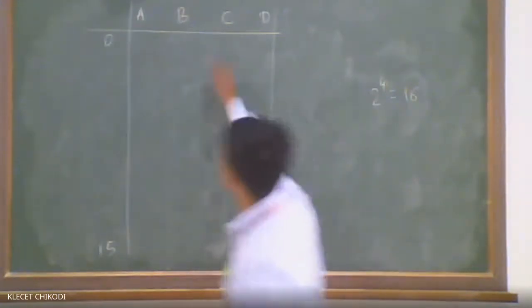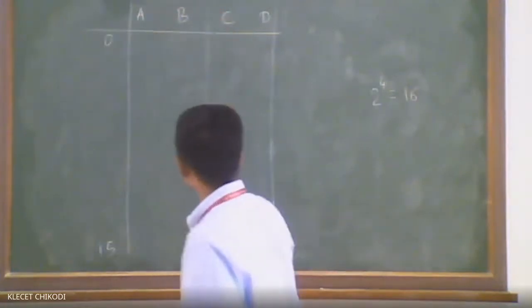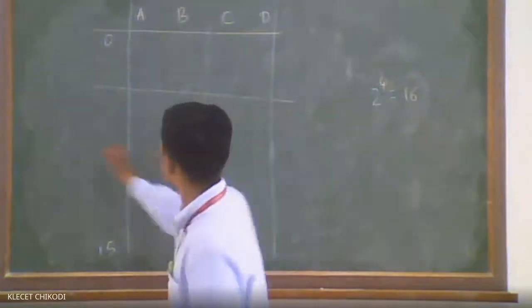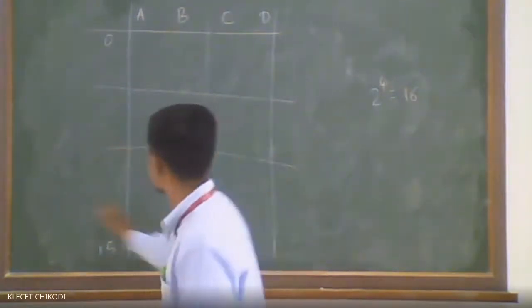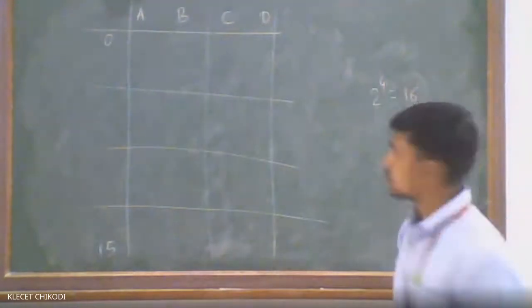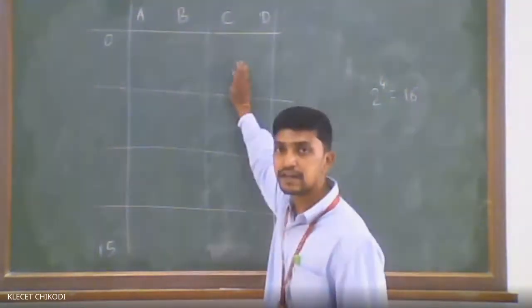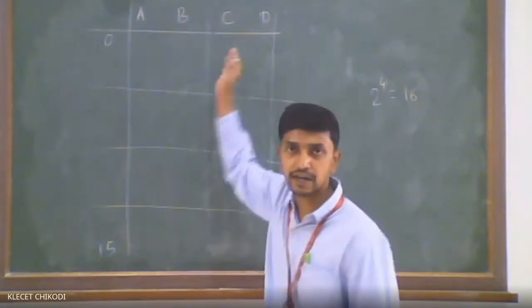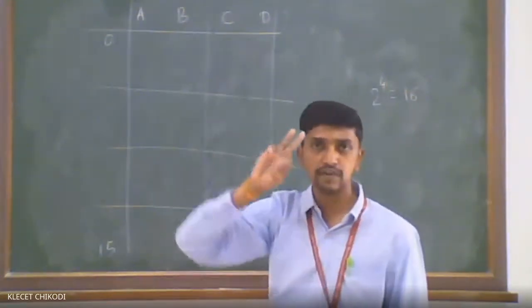Again, what I will do? We have already written it for 2 variables, right? Considering C and D, we have written it for A and B, we have written it for 2 variables.